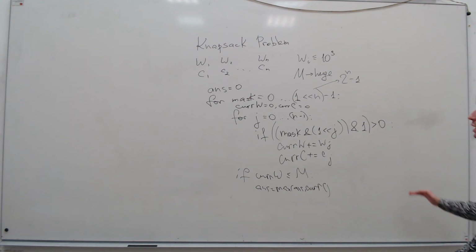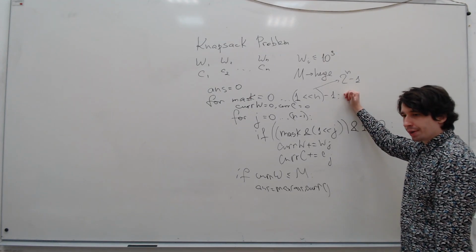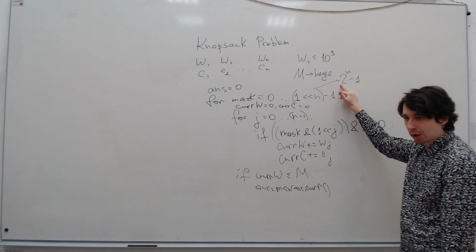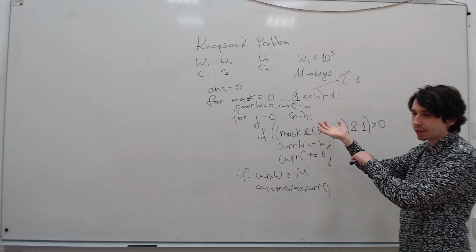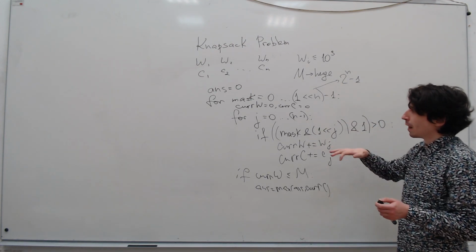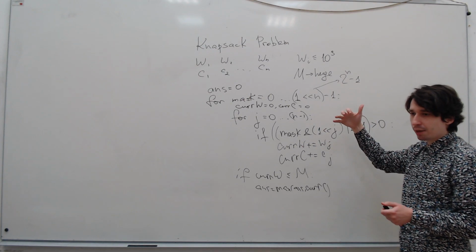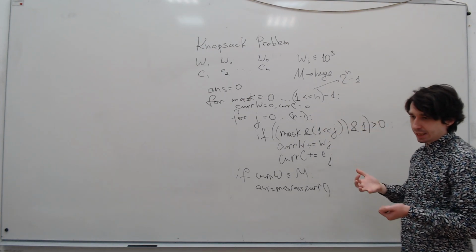So again, we go over all the possible subsets, which are 2 to the power of n. As you know, either you take an element or you do not take it. Then you want to understand for each element whether it lies in this subset or not.